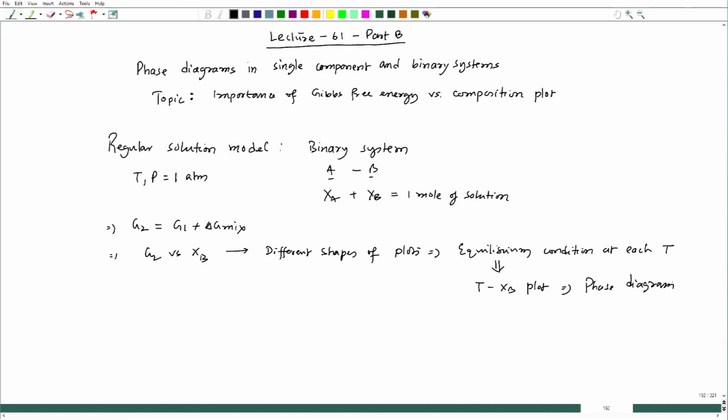Fine, that is the main thing, drawing the phase diagram from the Gibbs free energy composition plot. That is what we have done till now.